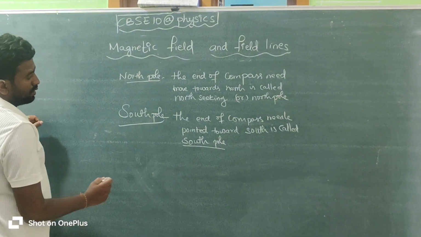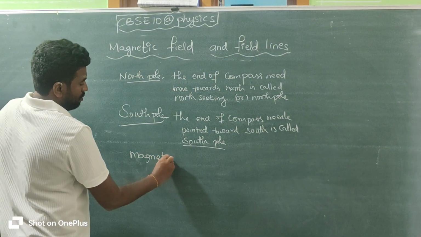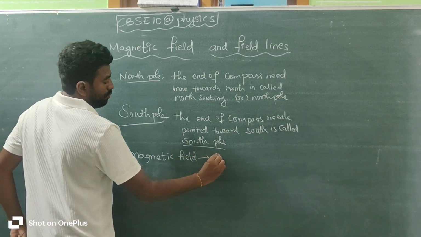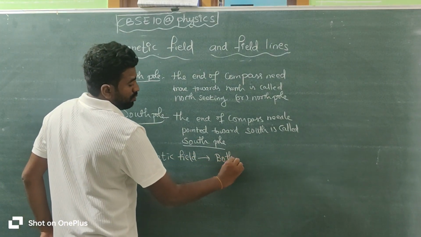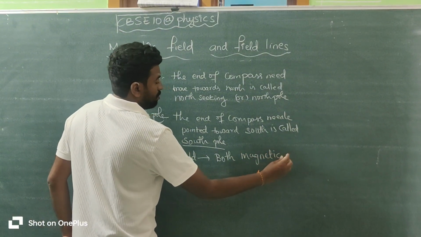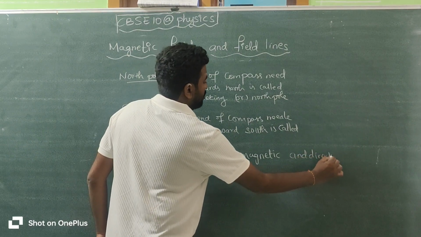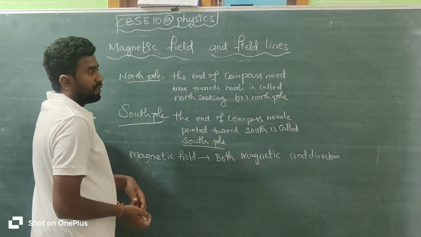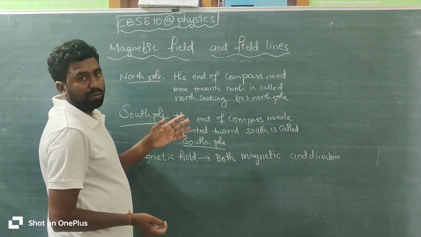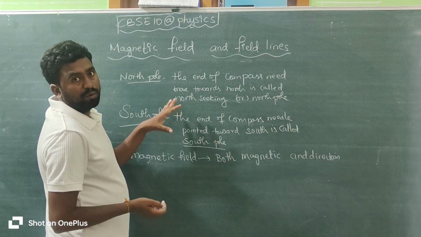Now we have to understand the magnetic field. Magnetic field has both magnitude and direction. We have seen the compass needle showing deflection in the previous example. If you move from north pole to south pole, we find one pattern.